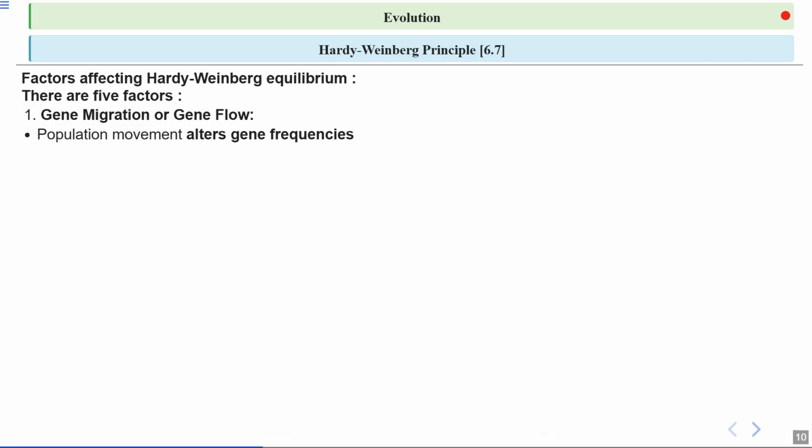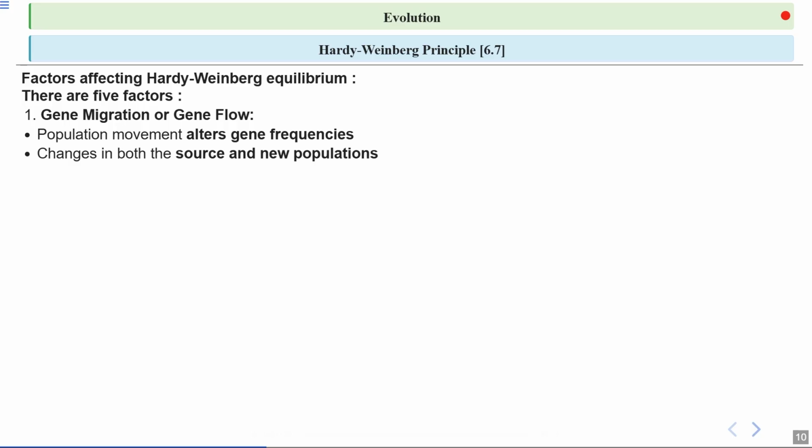There can be emigration or immigration, where people leave the population or enter into the population. Clear? This can change the gene frequencies because genes are added to the population when people enter a certain population, or genes can be lost when people move out of the population. So this can alter the gene frequencies.